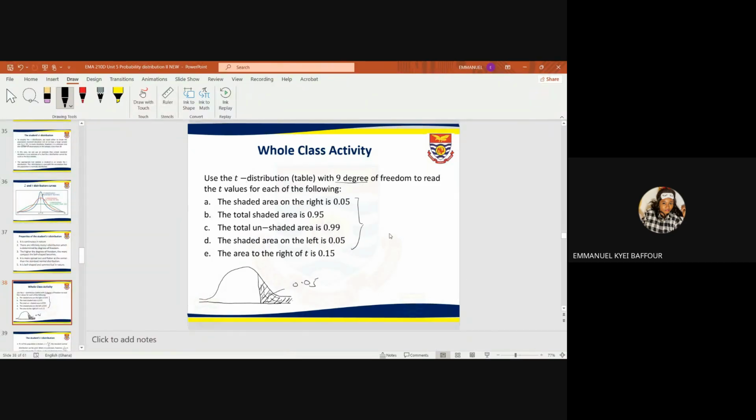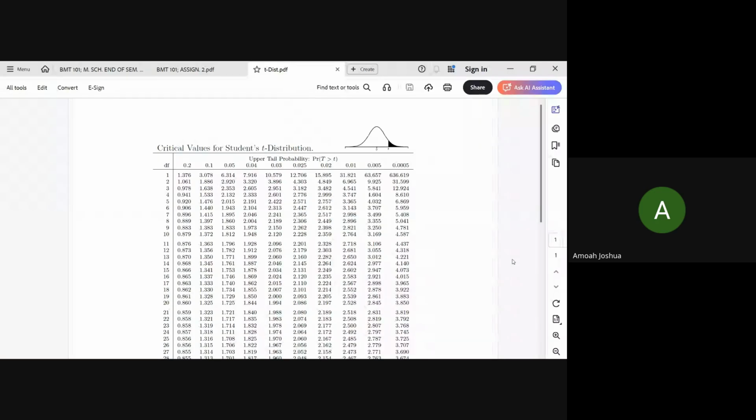Let me see if I can project the table so that we see how to do the readings. So what if we can look at it on the table?